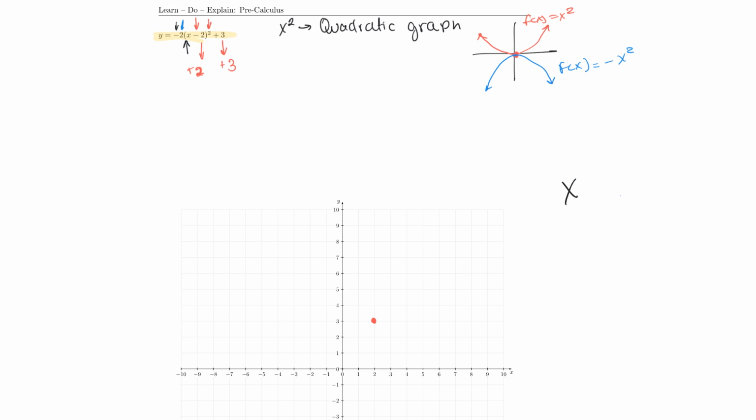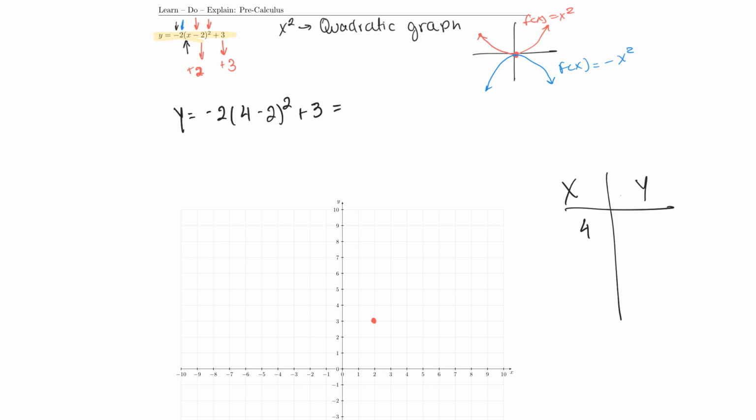So if we have x and y, then let's pick ideal numbers, right? So let's say that we want to evaluate positive 4. What will be the outcome if x is equal to 4? Then we just substitute. Then y is equal to minus 2 times (4 minus 2) squared plus 3. 4 minus 2 is 2.